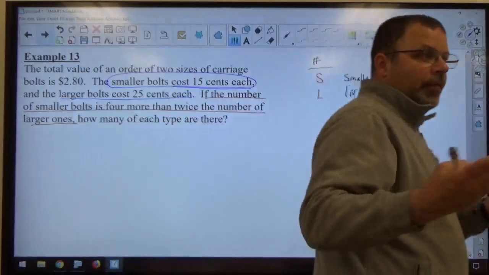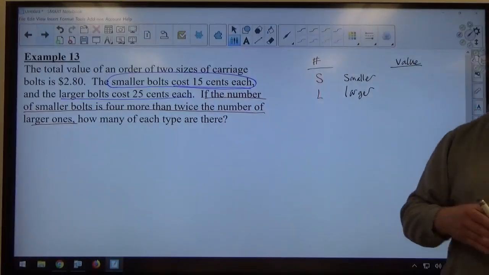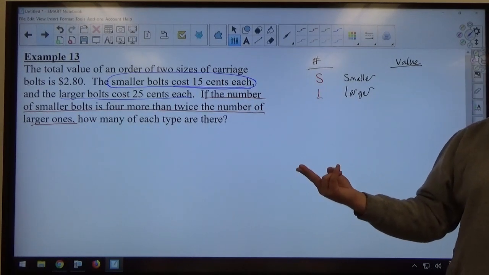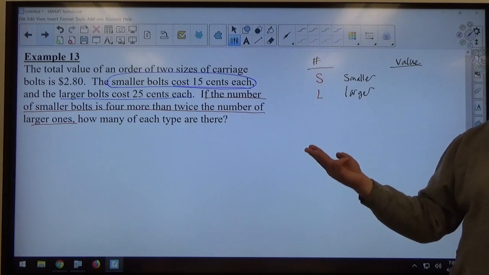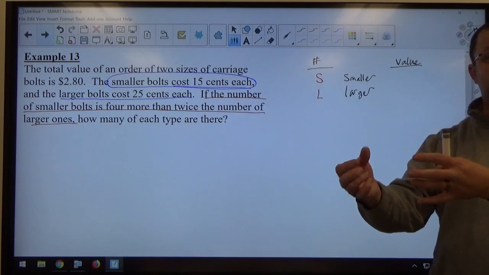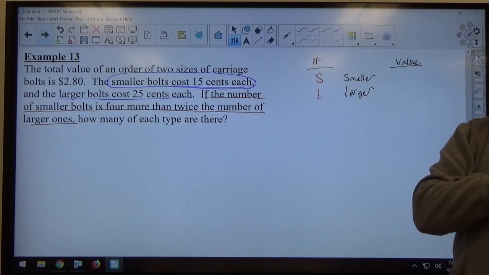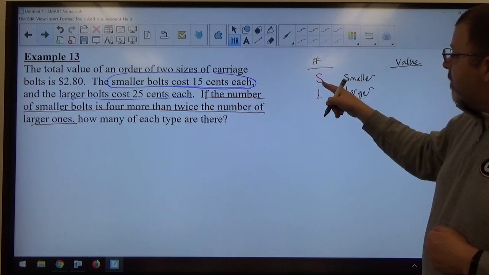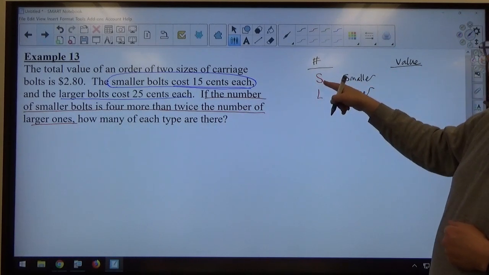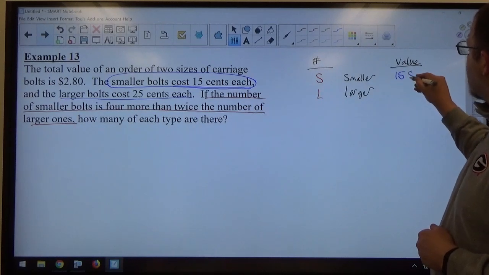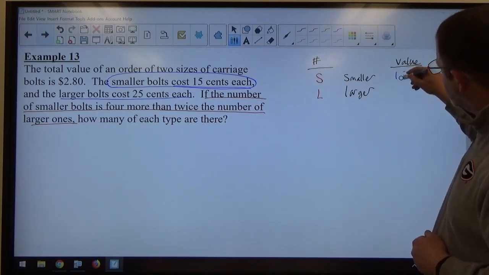If we try this out with real numbers, if I had one bolt, it'd be 15 cents. 2 bolts, 2 times 15, 30 cents. 3 bolts, 3 times 15, 45 cents, and so on. We take the number of bolts, whatever it is, multiplied by 15 cents to get the value of the bolts. In this case, we have S bolts, so 15 times S represents the value of those bolts.